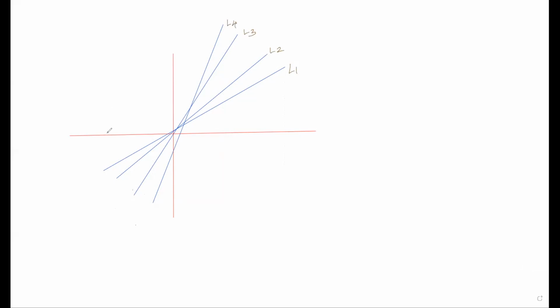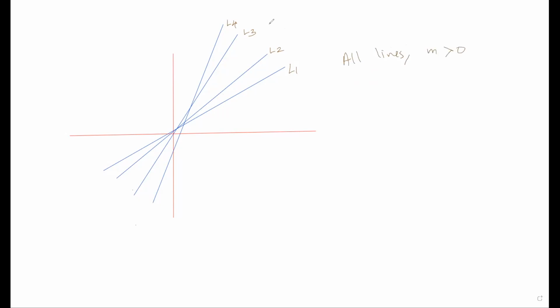Okay, which line has the largest slope? For all lines, slope is positive, correct?